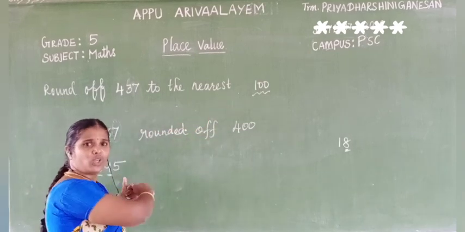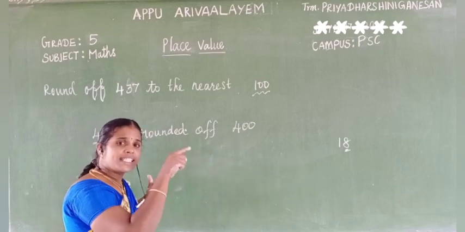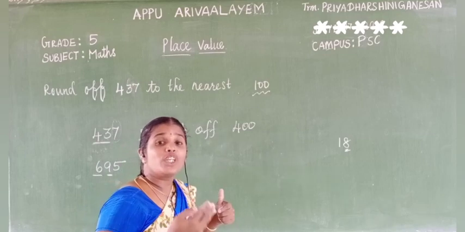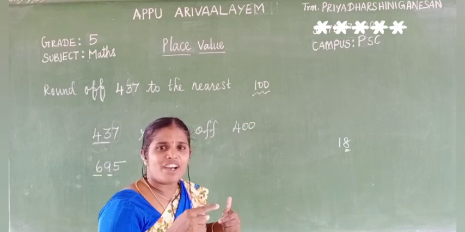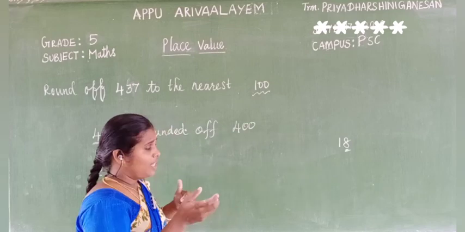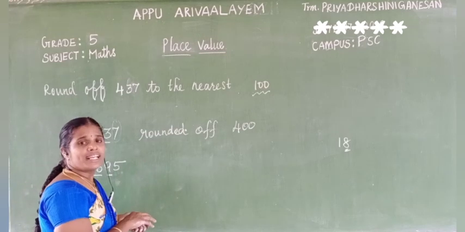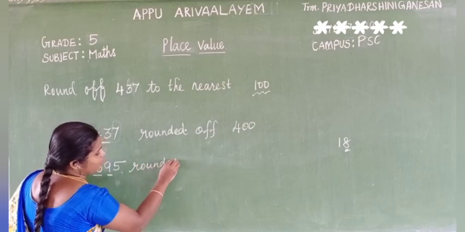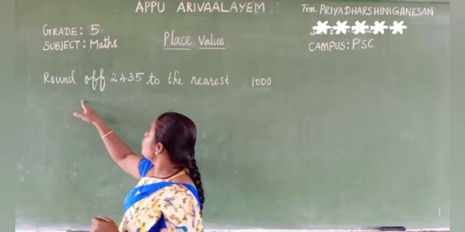Very good. Now imagine 690 is closer to 700, because if you add one more 10 to 690, you will get 700. So 695 is rounded off to 700.